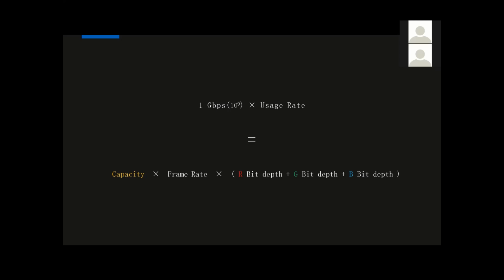And there's another concept called usage rate. The 100% usage rate is just the ideal condition. In the real world, we cannot use 100% of the total bandwidth, so there's a usage rate, and that gives the actual bandwidth we can use through this cable for the data we're transmitting.